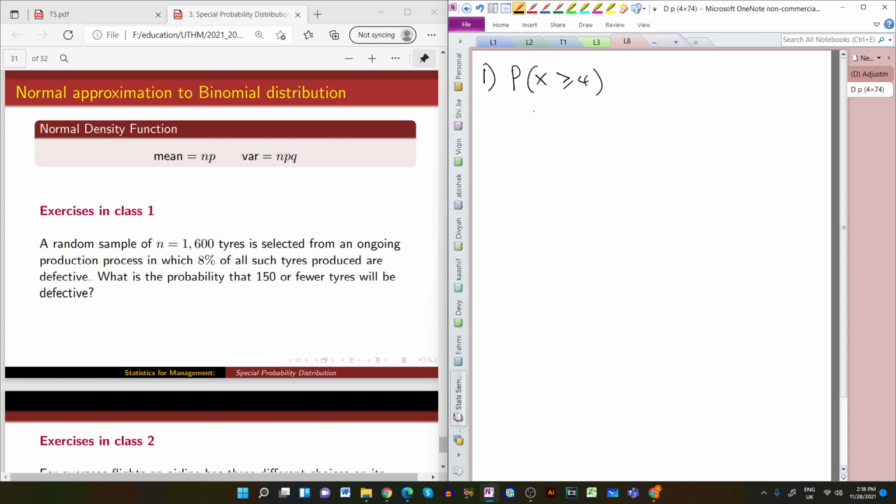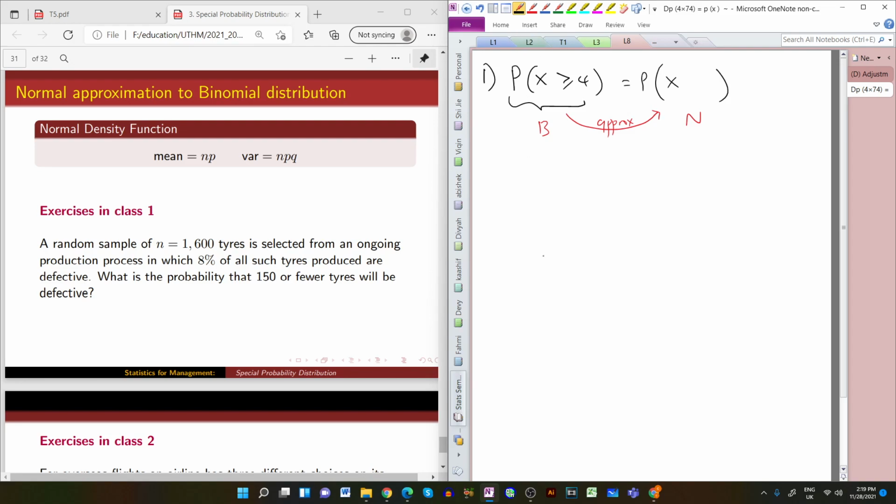This is binomial, and we want to do the approximation by normal, but we cannot write it directly, it doesn't work that way. We have to do some adjustment because of the discrete and continuous thing.